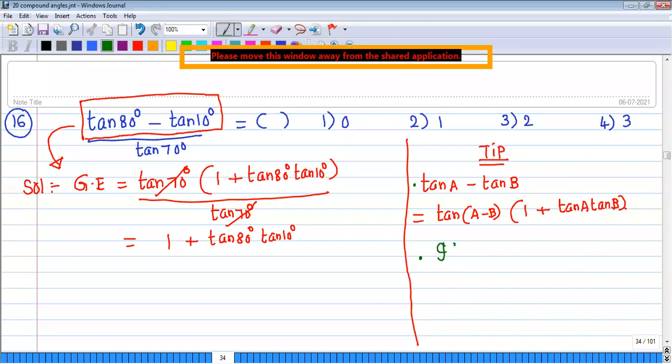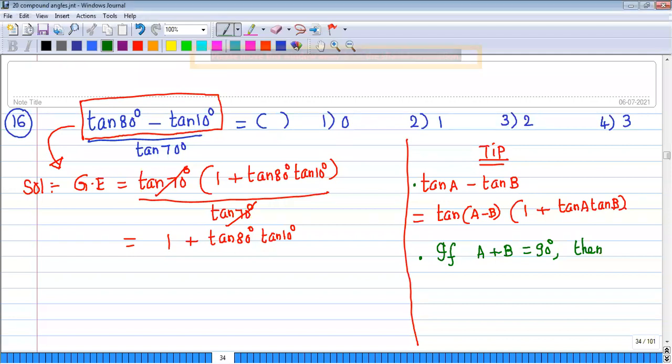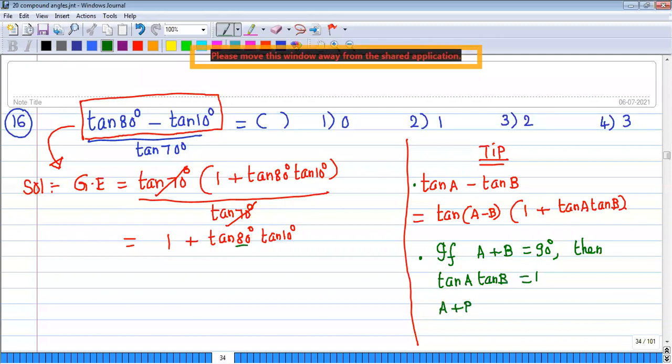If A plus B equals 90 degrees, if the sum of the two angles is 90 degrees, then tan A into tan B is 1. You check here, A plus B is equal to 80 plus 10, which is equal to 90 degrees, which satisfies this condition.